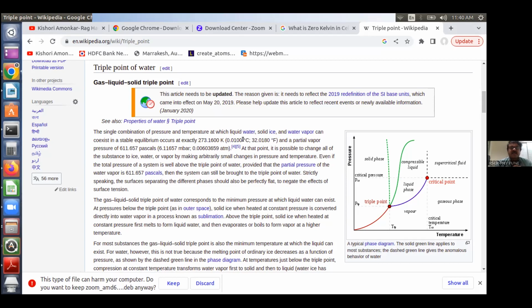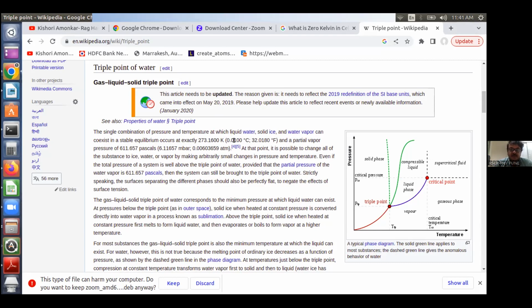And it has to be 0.006 atmospheres. So you have to specify both of these, and only then do you get the triple point. And of course, then the volume is fixed if you have 1 mole. So if you have 1 mole and temperature is fixed and pressure is fixed, then the volume automatically, by PV equal to nRT, gets fixed, and that corresponds to 273.16 Kelvin.